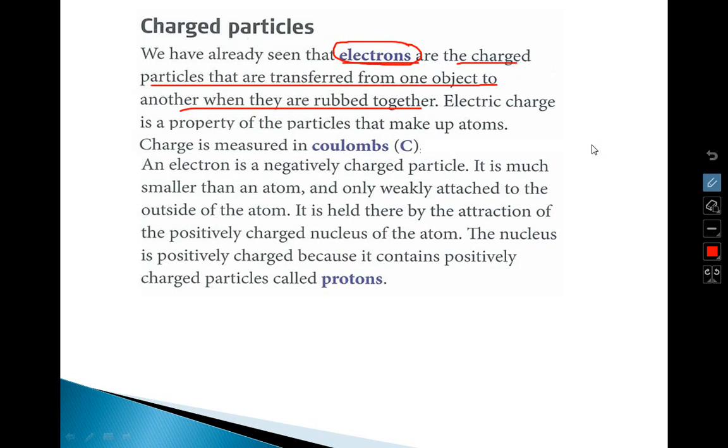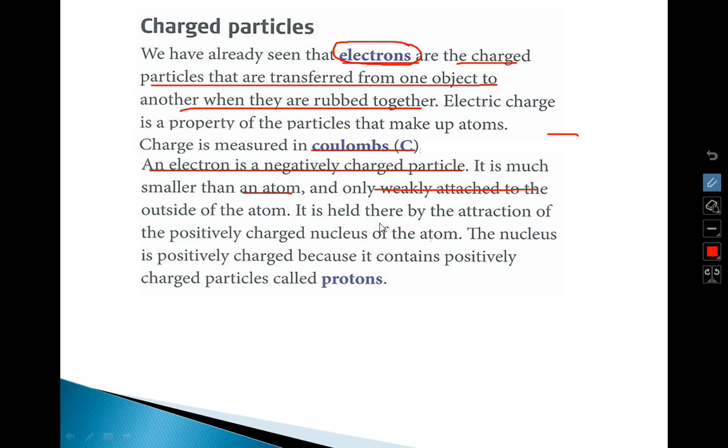So electric charge is a property of particles that make up atoms. Charge is measured in coulombs, as we discussed before. An electron is a negatively charged particle. It's much smaller than the atom and only weakly attracted to the outside of the atom, so it's easy to get it out.